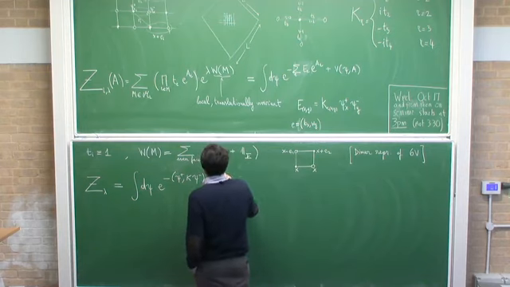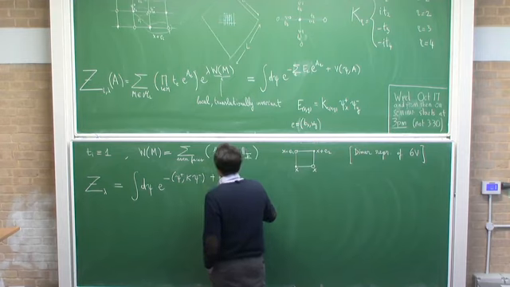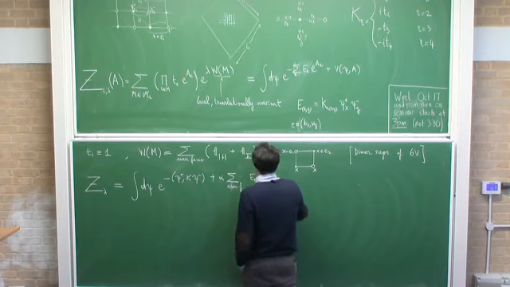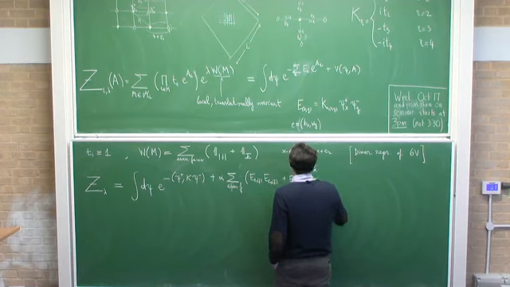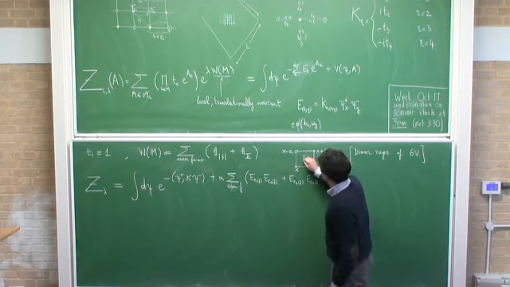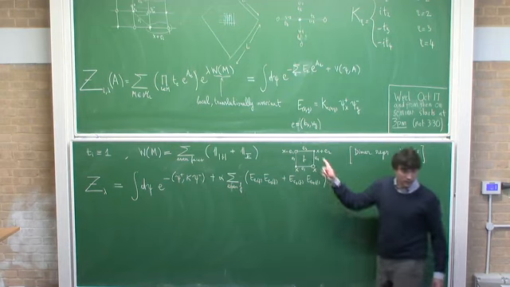It's plus alpha sum over even phases f of, where in this notation, if this is the phase f, I'm calling E1, E2, E3, and E4 these edges here.